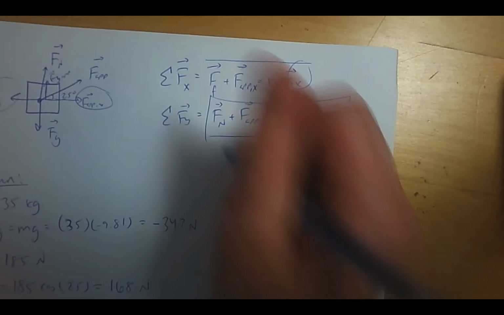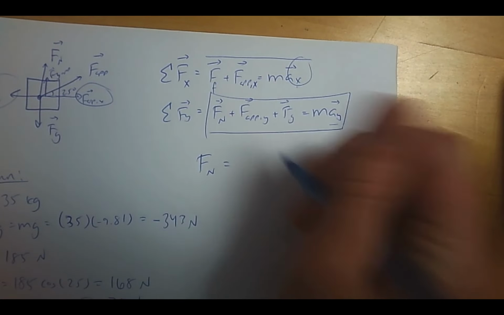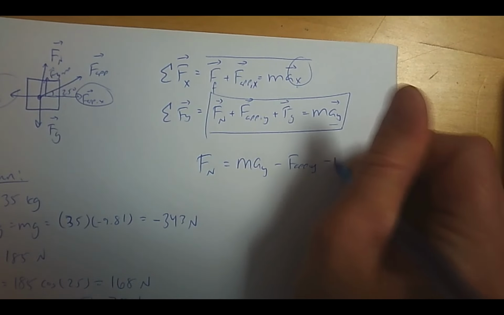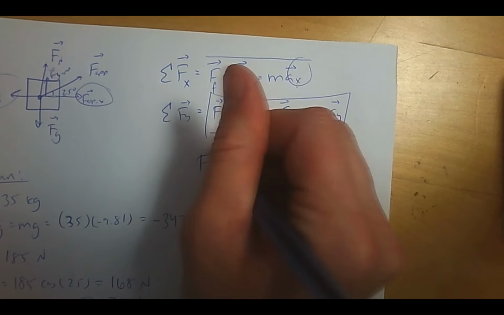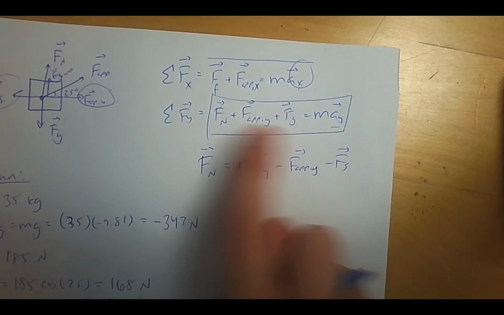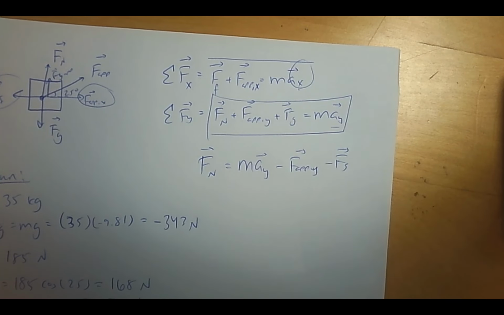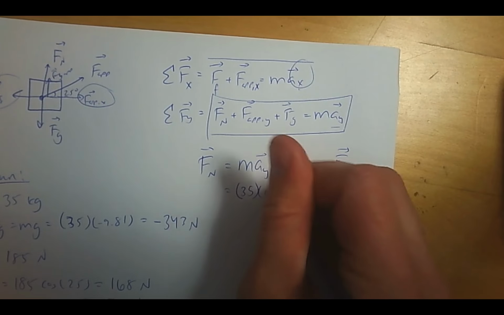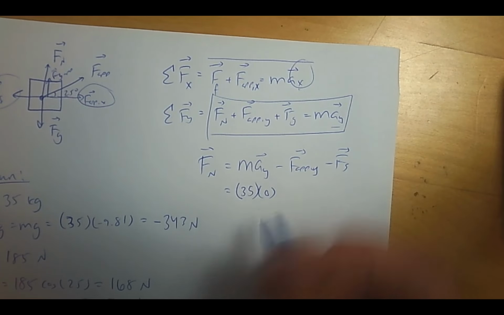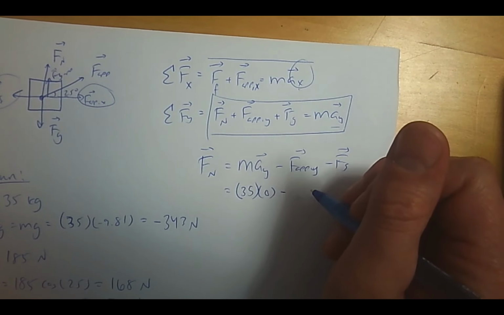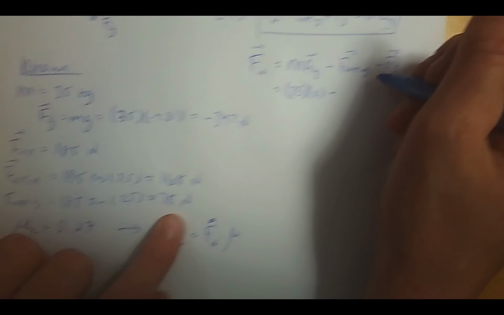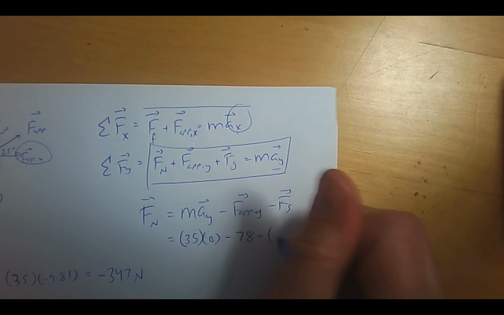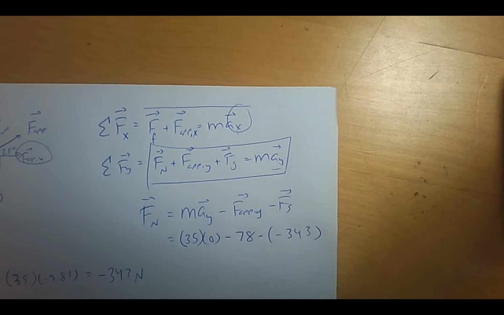acceleration. So my normal force is equal to may minus the y component of my applied force minus my force gravity. Right? This is this equation where I isolated Fn by subtracting these two terms. So my mass is 35 times 0, right, because it's not moving up or down, minus the y component of my applied force is 78 newtons, minus my gravitational force is negative 343.